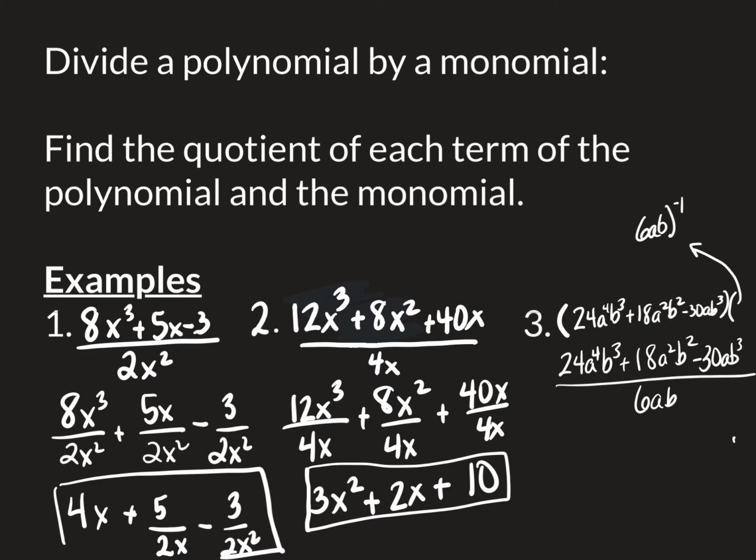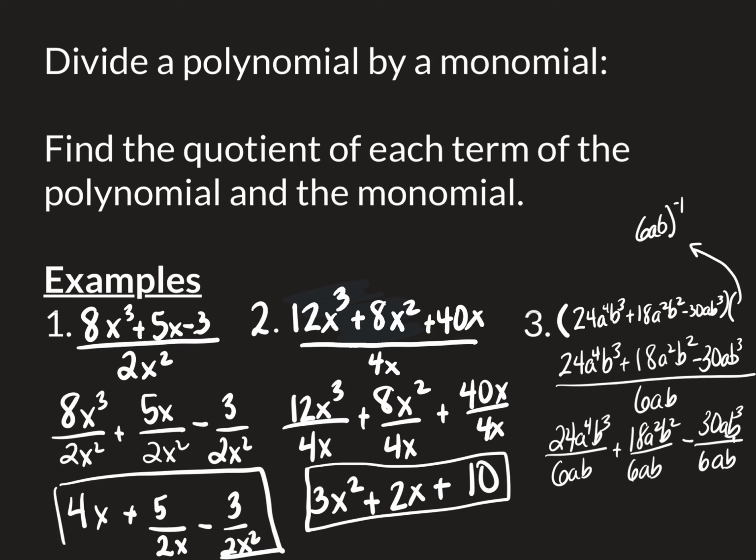And we will divide each term by 6ab. And then we will write the answers. Minus 30ab cubed divided by 6ab. Now let's find those answers.